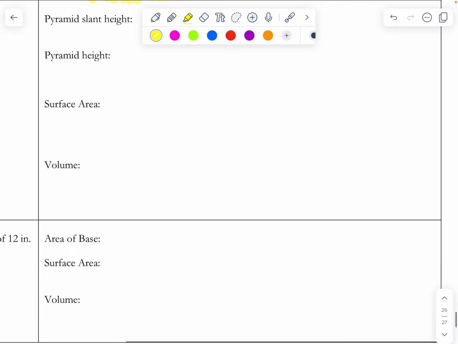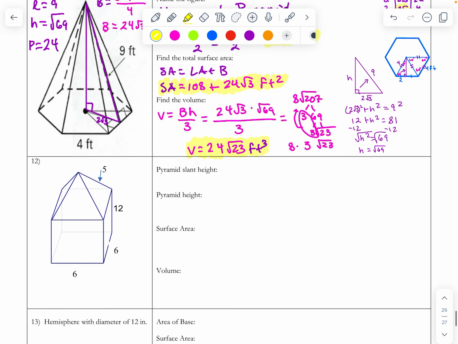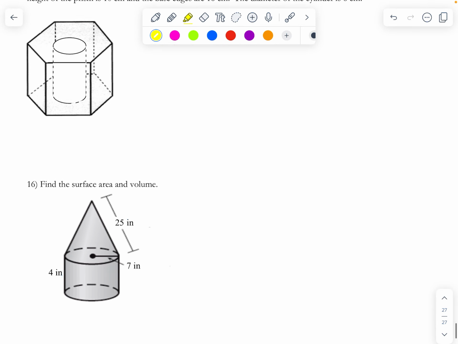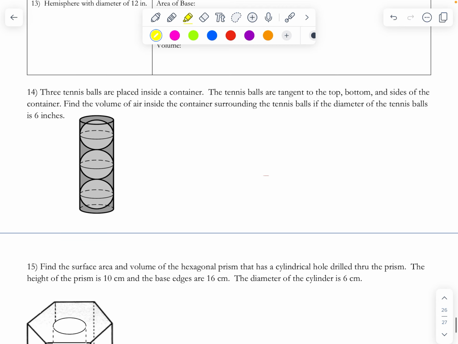Great. All right. So, oh, one more I'm going to help you with. This one here. Here we're trying to find the air around the balls inside of this cylinder.